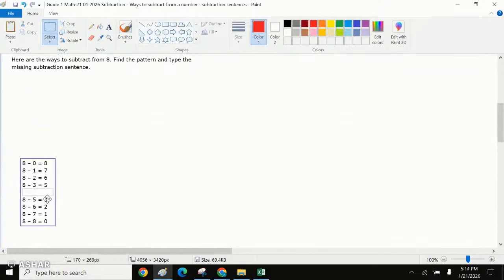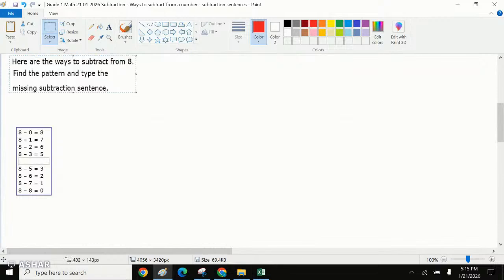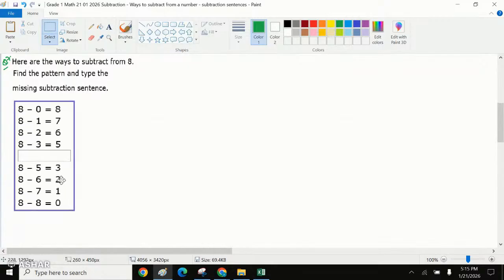It says, here are the ways to subtract from 8, find the missing statements. Find the pattern and the missing statements, okay? So let me just increase this in size so that it's more readable to you. So if I say this was question number 7, and these values were given to us, okay?